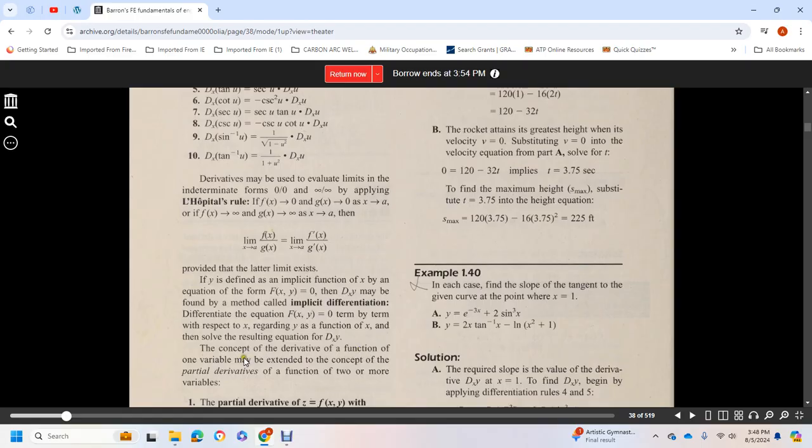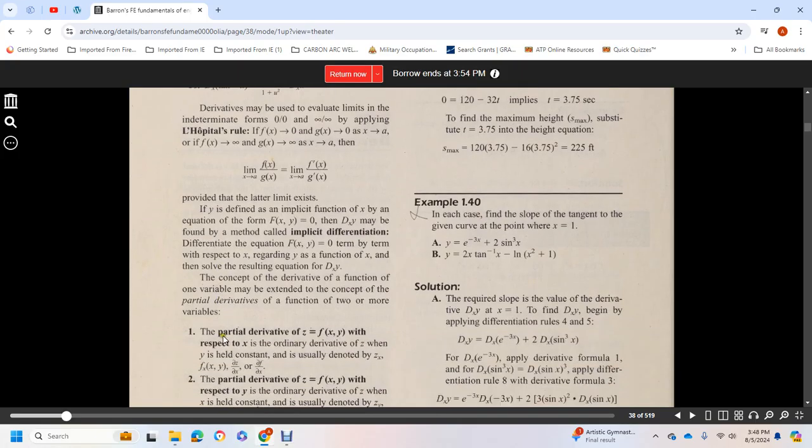The concept of the derivative of a function of one variable may extend to the concept of the partial derivative of a function of two or more variables.